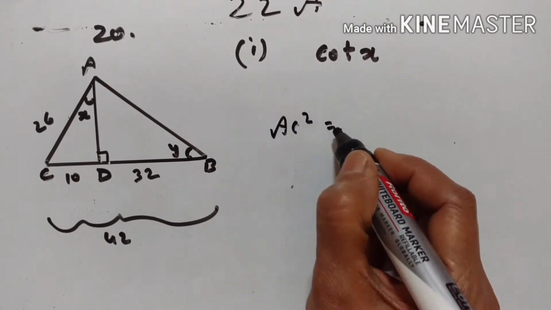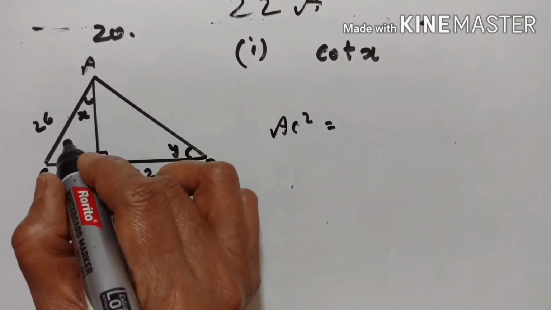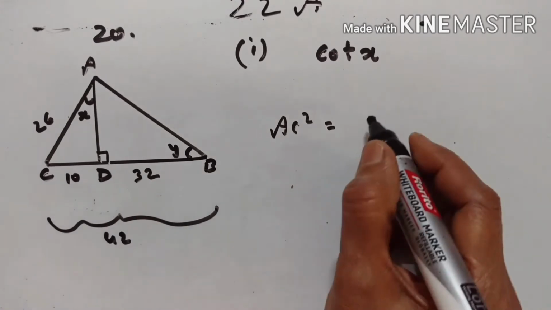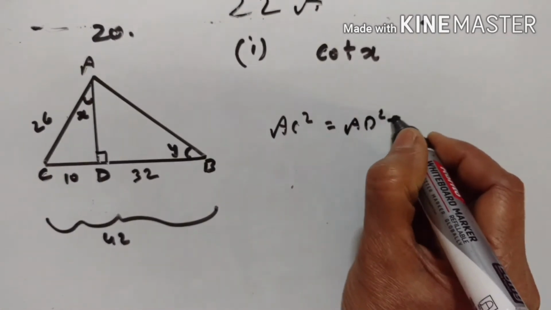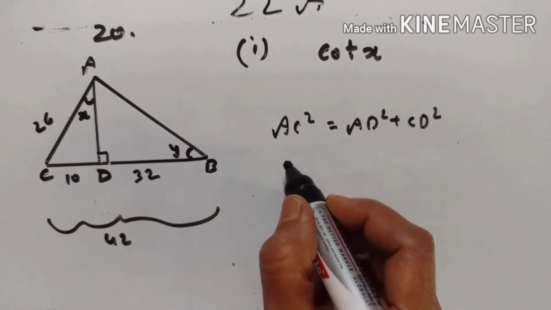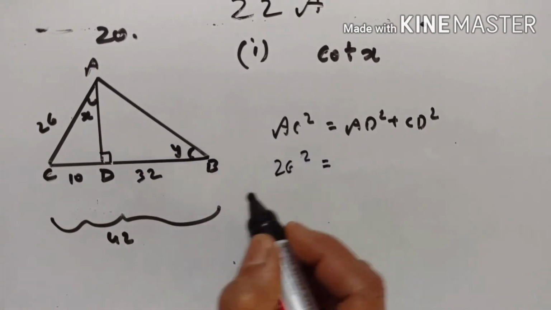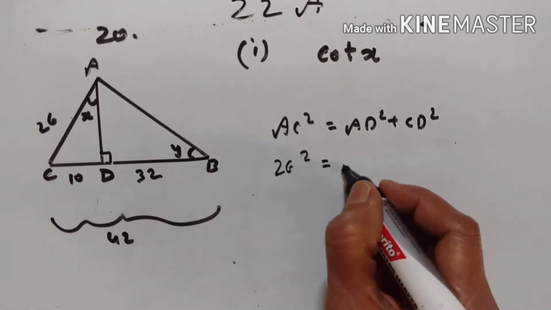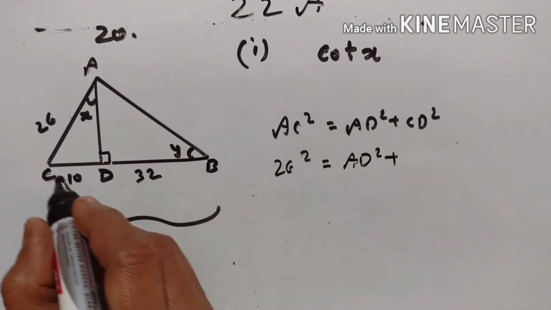AC square is equal to AD square plus CD square. AC square, 26 square, is equal to AD square plus CD square.